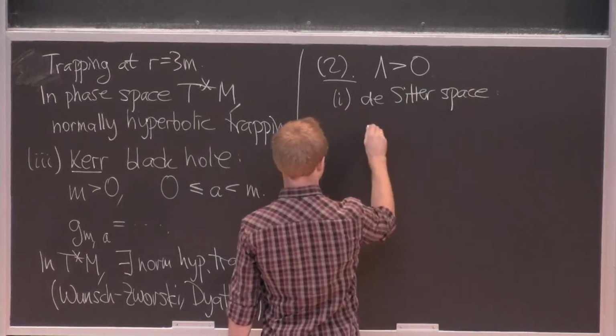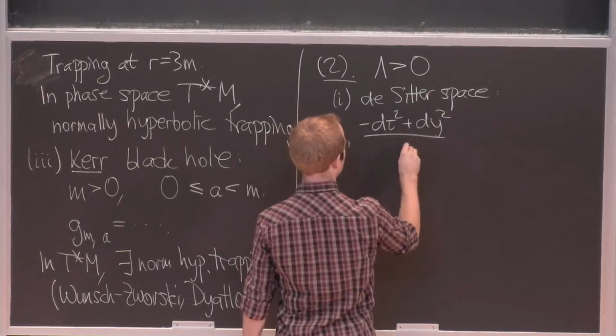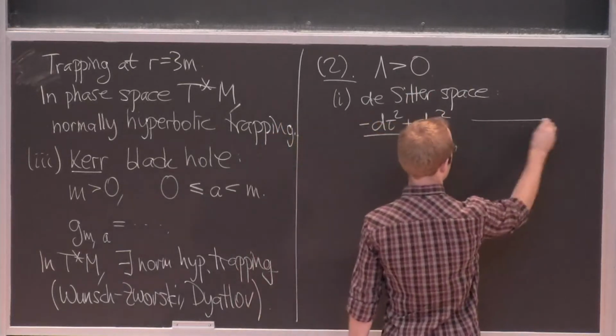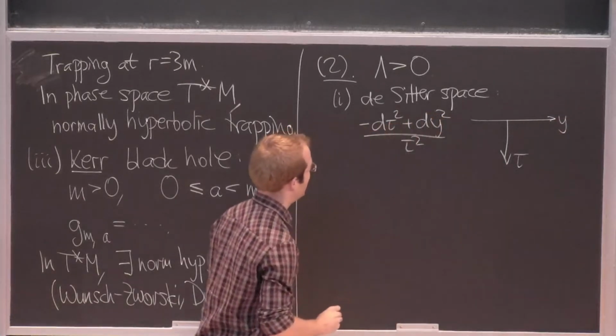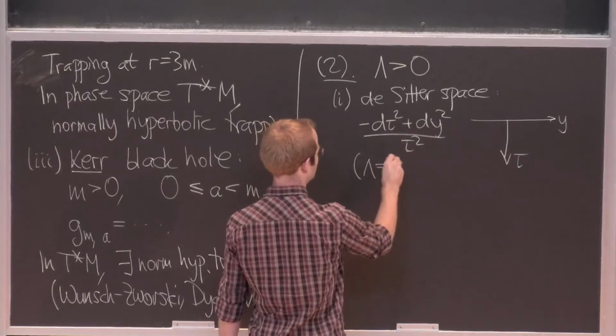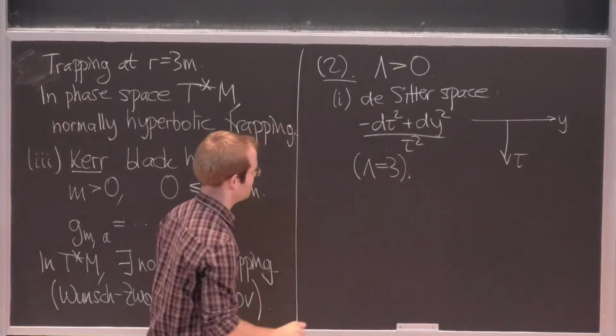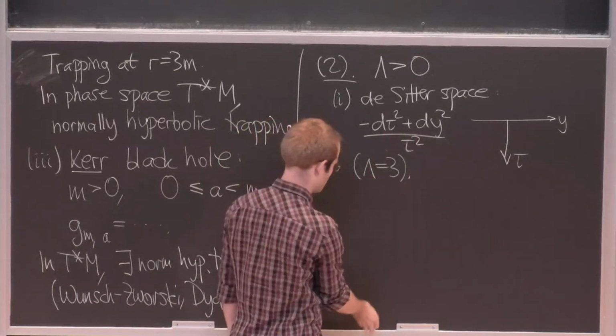Right, so I wrote down the following form of the metric: minus d tau squared plus dy squared over tau squared. So I drew this picture here. And this is actually a solution, so this particular one where lambda is equal to 3. You could put some numerical factor in the denominator to make it another constant if you wish.